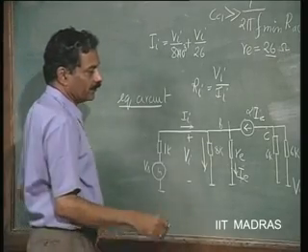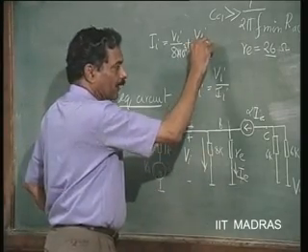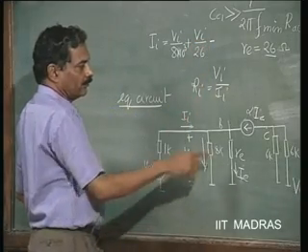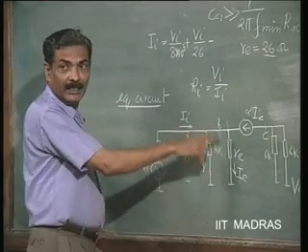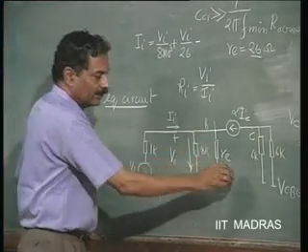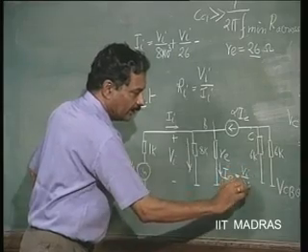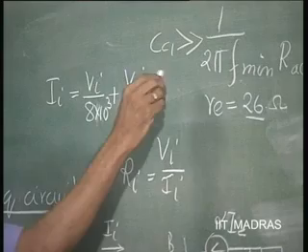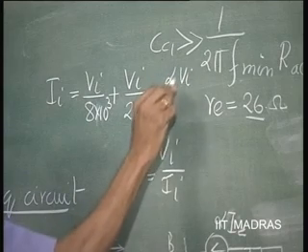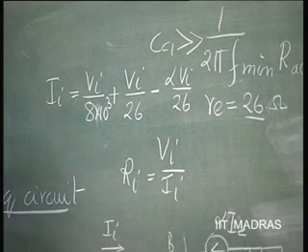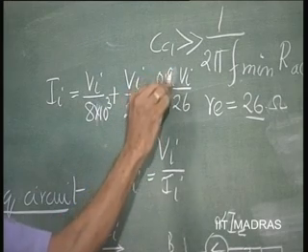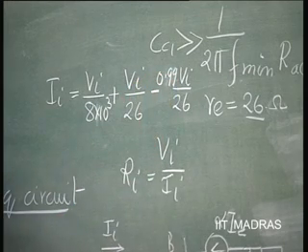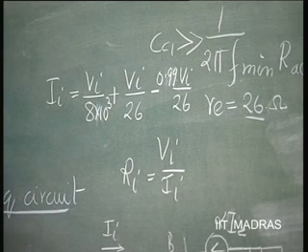V I by 26, minus alpha times I E. What is I E? I E is equal to V I divided by R E. So, same thing, alpha times V I by 26. Alpha is already given as 0.99. So, this equation straight away gives us the input resistance.